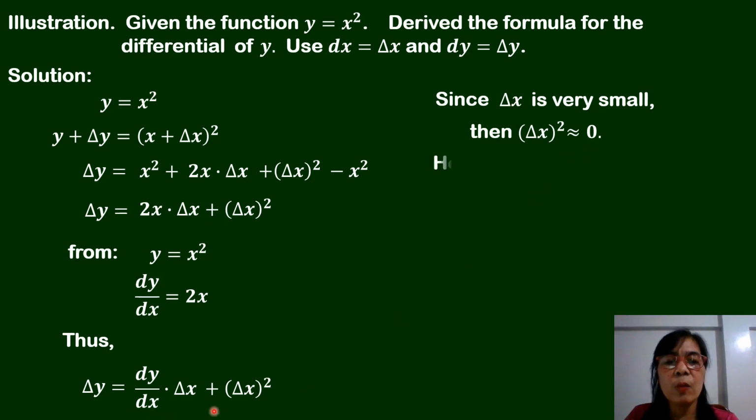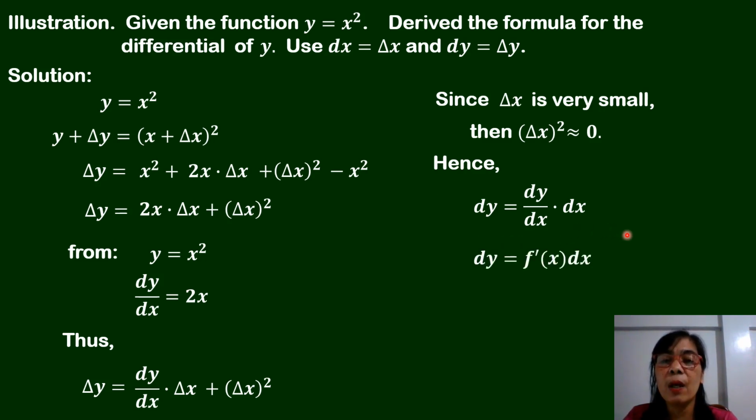So this equation now becomes delta y, which is actually equal to the differential of y, is equal to the derivative of y with respect to x times delta x, which is equal to the differential of x. This is now the definition of the differential. The differential of y is equal to the derivative of y times the differential of the independent variable. Or we have here the differential of y, another way of writing the derivative of y with respect to x times dx, or simply the differential of y is equal to y prime times dx.